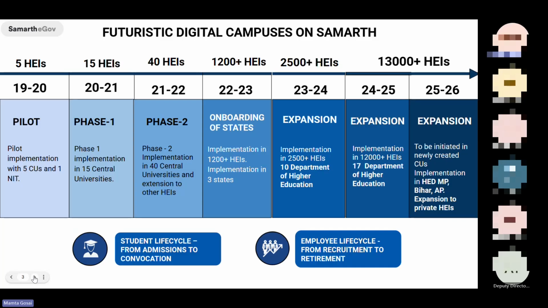Then in 2023 and 24, 2,500 institutions were onboarded, which included 10 higher education departments as well. And now we have initiated the implementation of Samarth in more than 13,000 institutions, which includes approximately 22 higher education departments, 17 of which are already onboarded, and a few are still in process like HED MP, Bihar, and Andhra Pradesh.